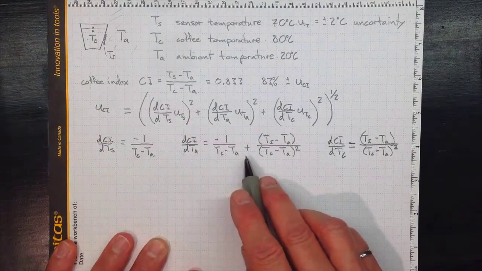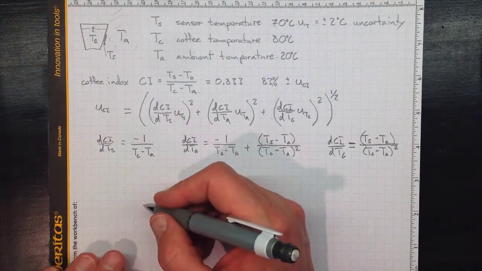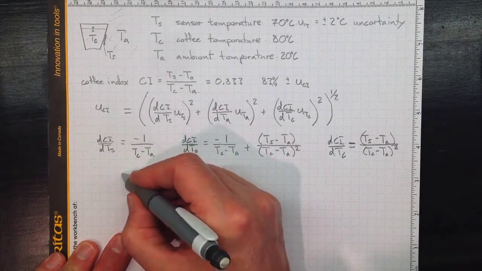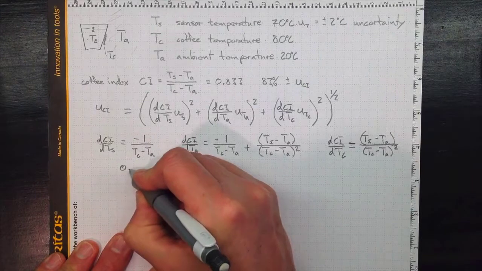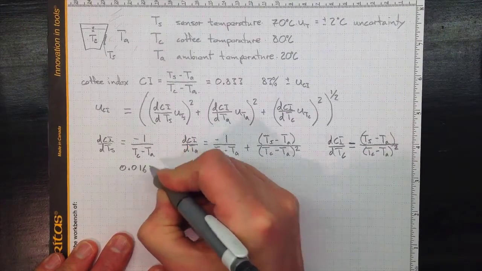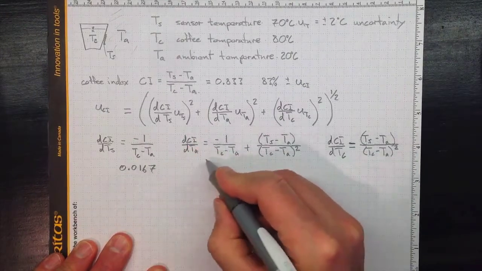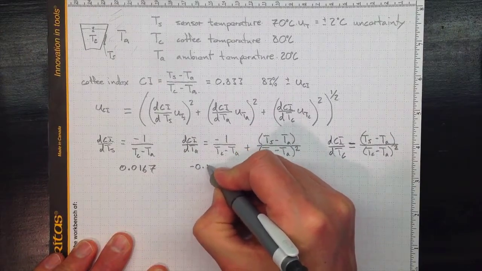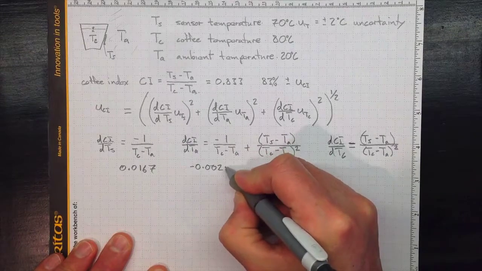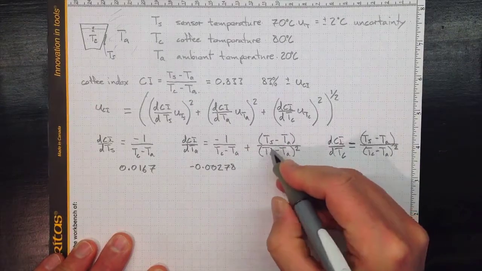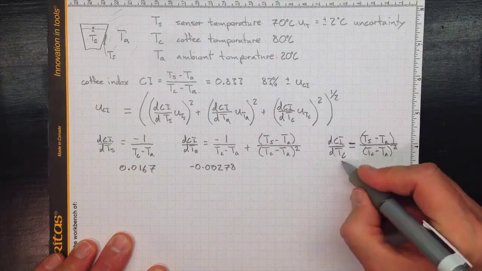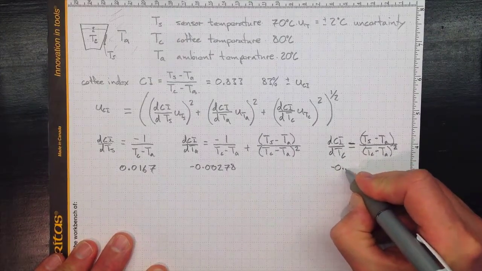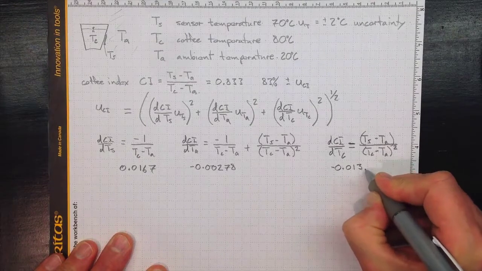And if I calculated these out, what I would get for dCi dTs is 0.0167, dCi dTA negative 0.00278, and dCi dTc I would get negative 0.0139.